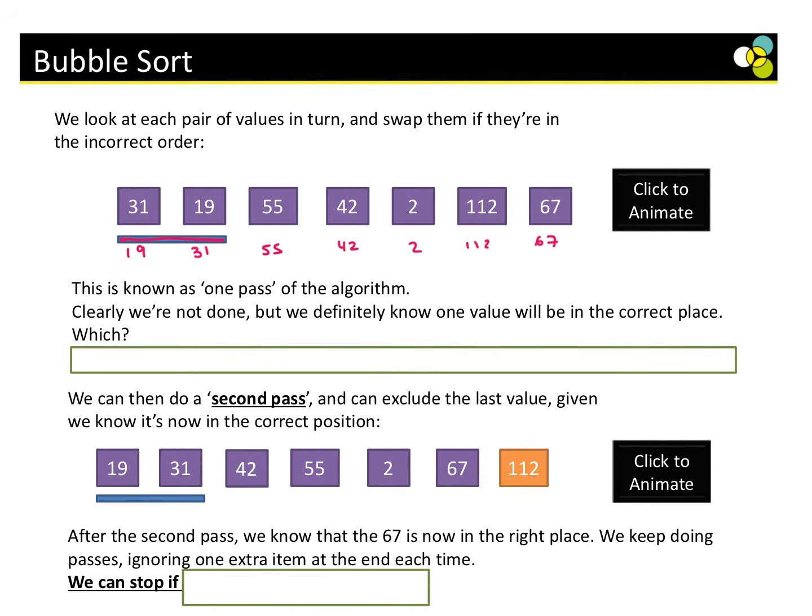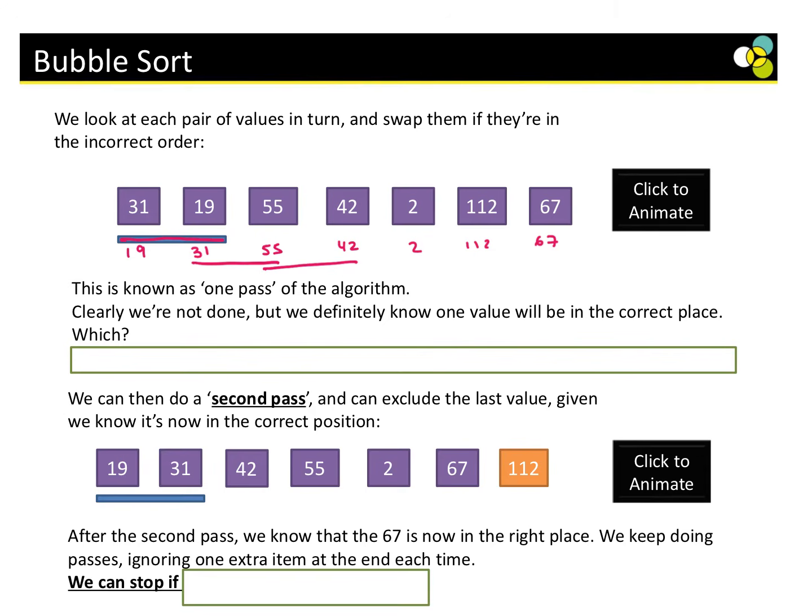Once we've swapped them, we then look at the next two. If we look at these two, there's no swap that needs to be made. I then move on to the next two, 55 and 42. I would need to swap this.